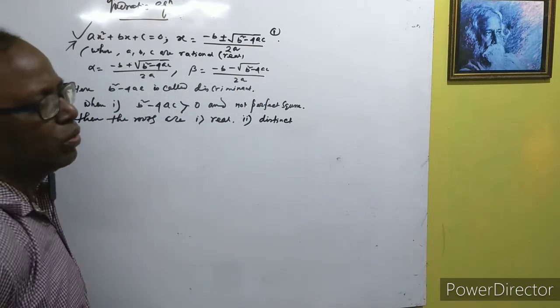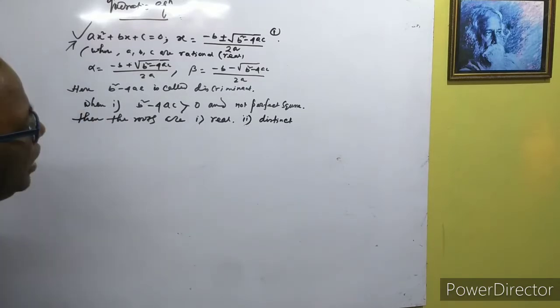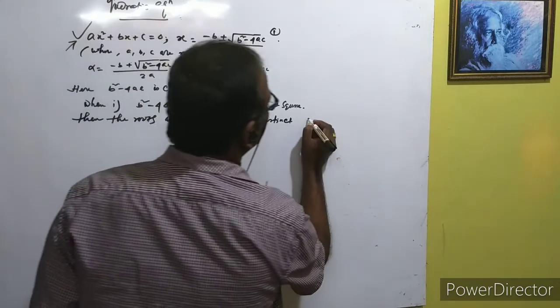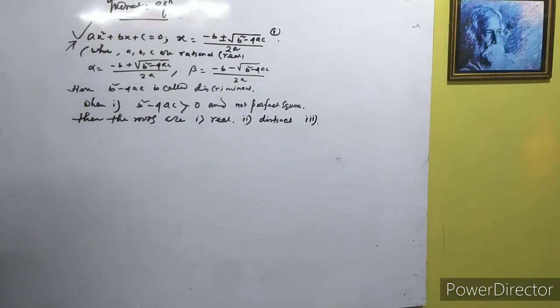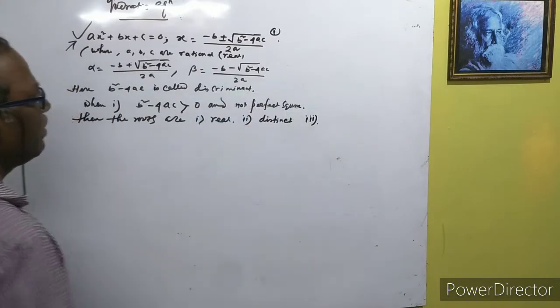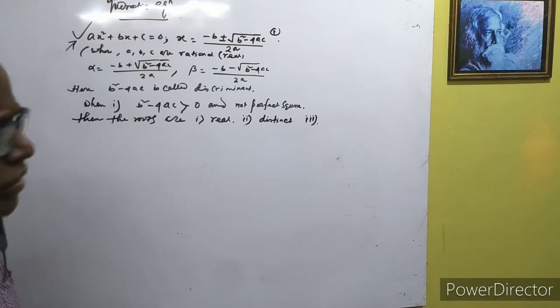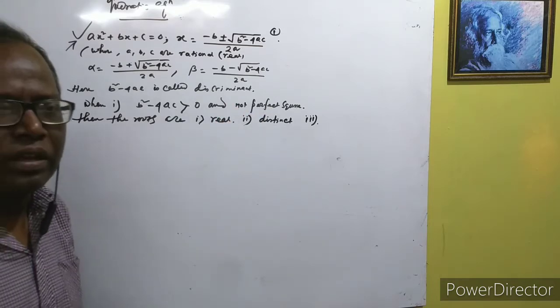So the two are different, that's why the roots are called distinct. Number 3 point: a, b, c are rational, but the value under the root is not a perfect square, so that type of number is called irrational.